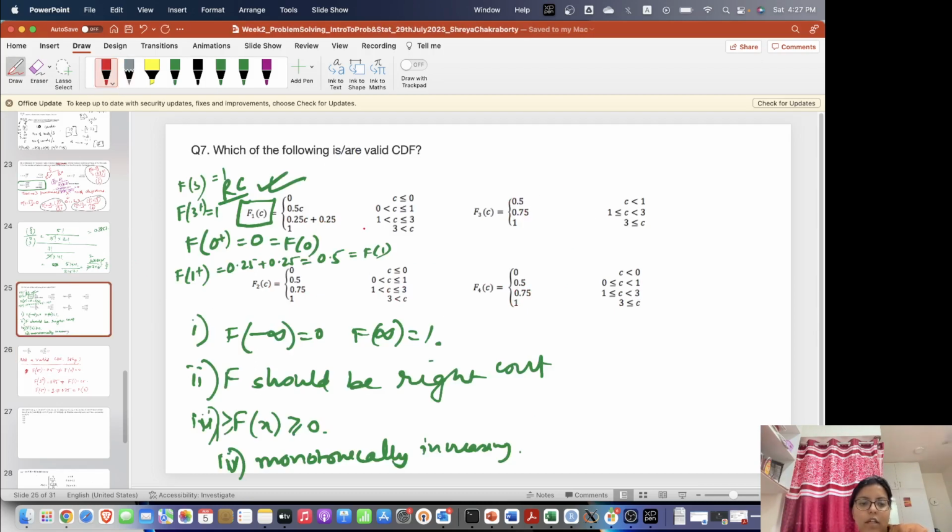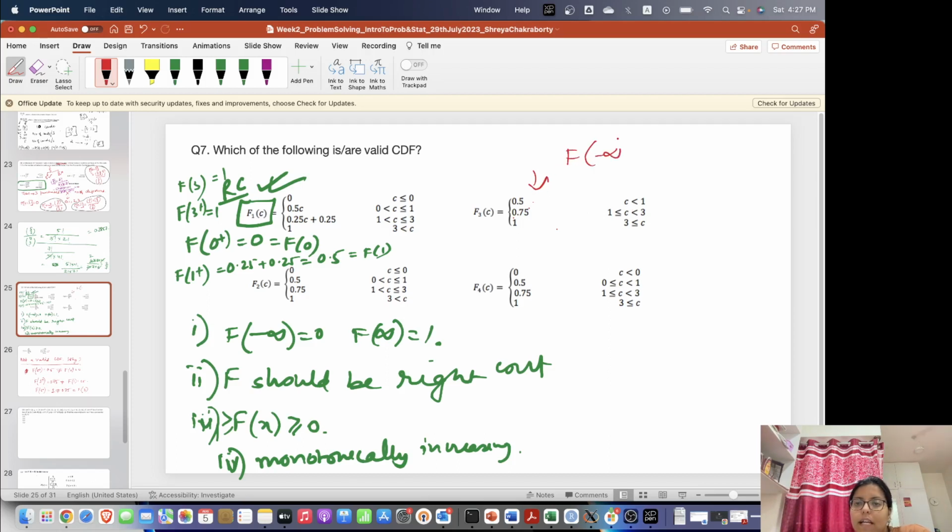What about F3? Do you think F3 is a valid CDF? No. Here it's not because of the right continuity; here something else is wrong.